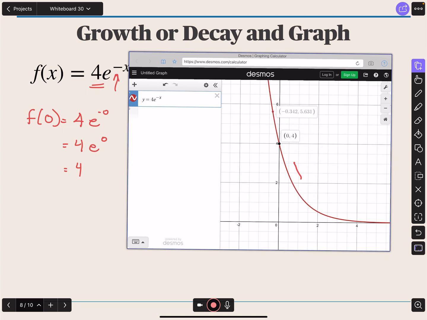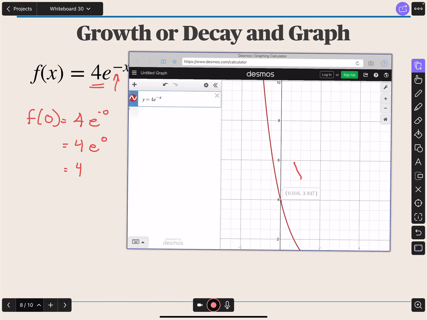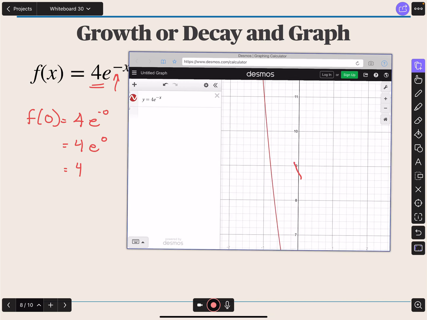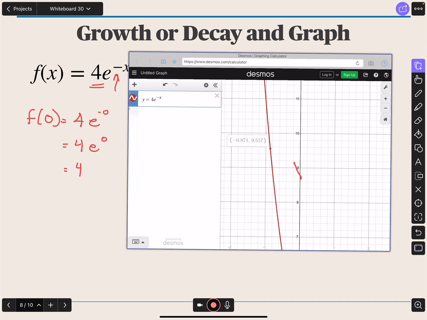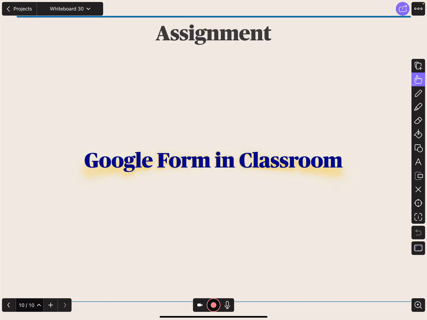Decent value. On the left-hand side, you'd probably have to rezoom it. I'm just trying to get to -1 here. So at -1, it looks like it's about 11. And that'd be it.